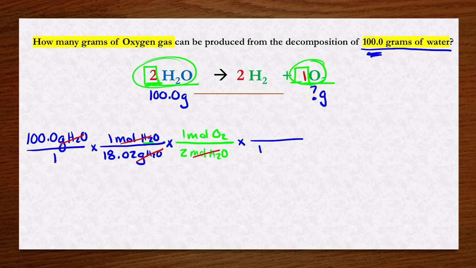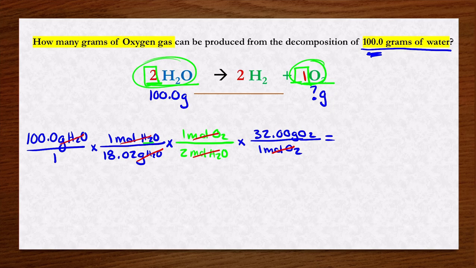So 1 mole of O2 is equal to 32.00 grams of O2. Okay, and now you'll see that my moles of oxygen will cancel out, and I'm left with my final units of grams of oxygen. All right, and then I need to perform this calculation.